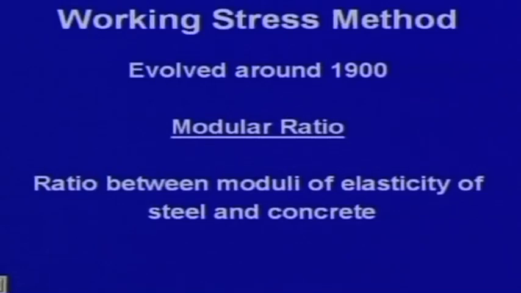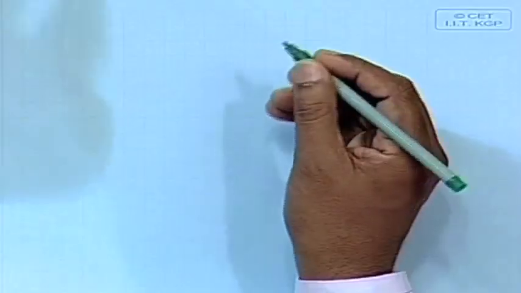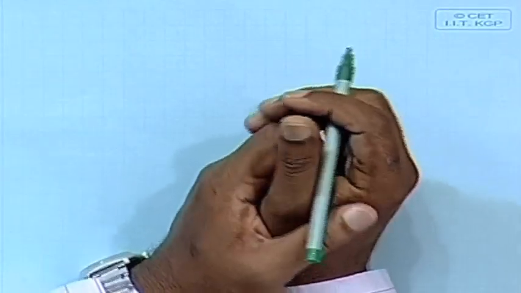I can explain this, starting with the beam. We have to find out the dimension of, say, a beam. What we can do is, let us forget the reinforced concrete for the time being.